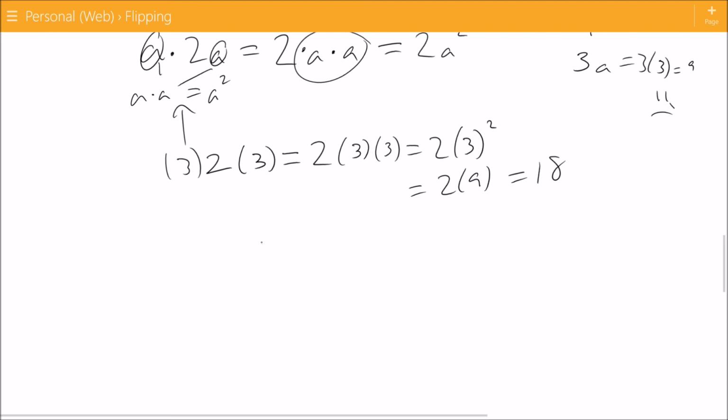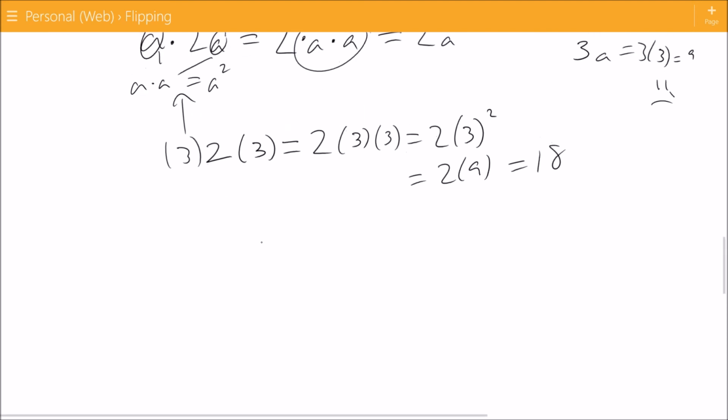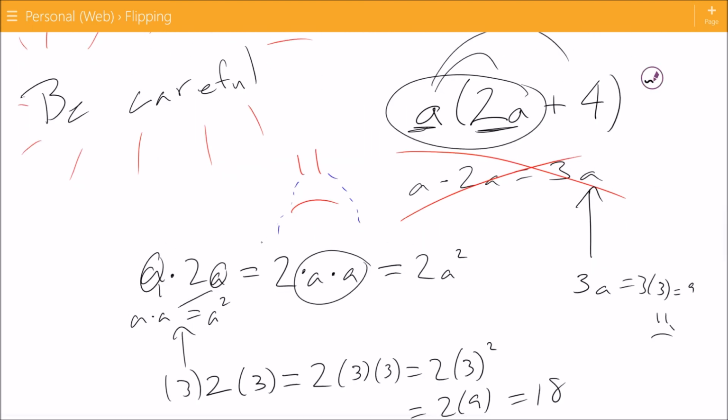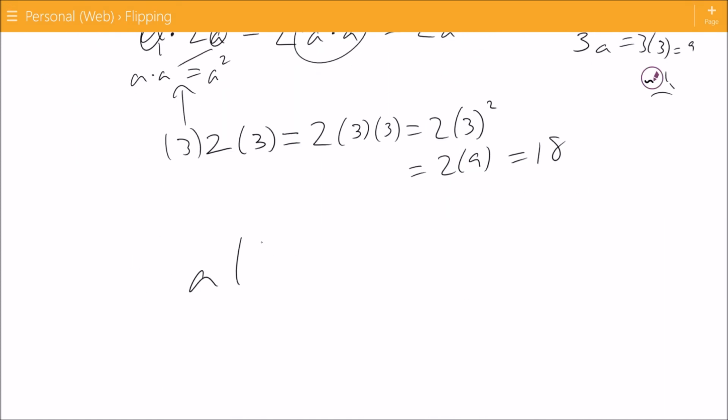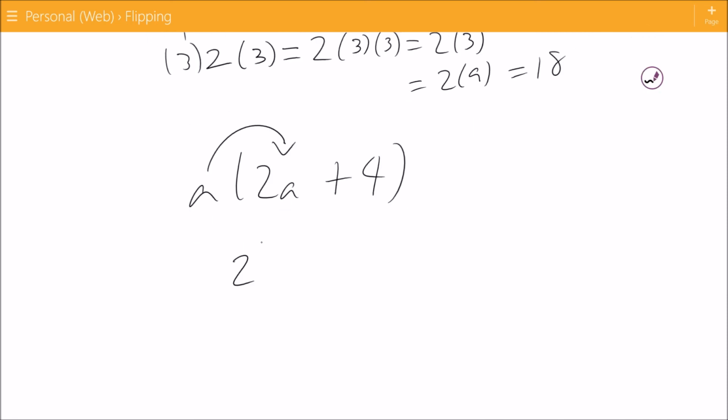If we were to look at the whole expression again here, a times 2a plus 4, we're going to distribute this out. First, 2a times the a there, this would become 2a squared. Then I distribute to the 4, plus 4a.